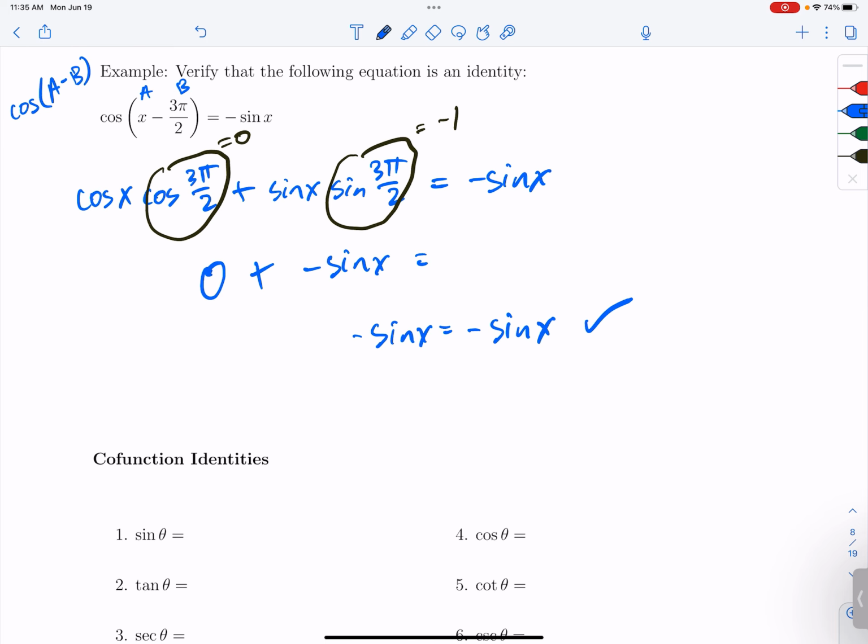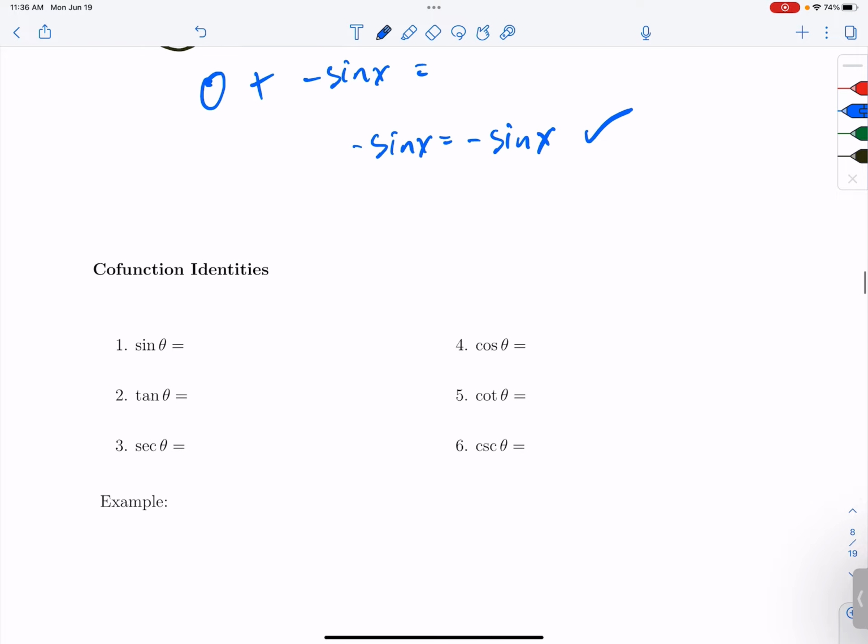Another application of the sum and difference formulas is the cofunction identities. We've already seen the cofunction identities. Remember, sine of theta is the same thing as cosine of 90 degrees minus theta. And on all of these, I could swap in 90 degrees for pi over 2. Those are equivalent.